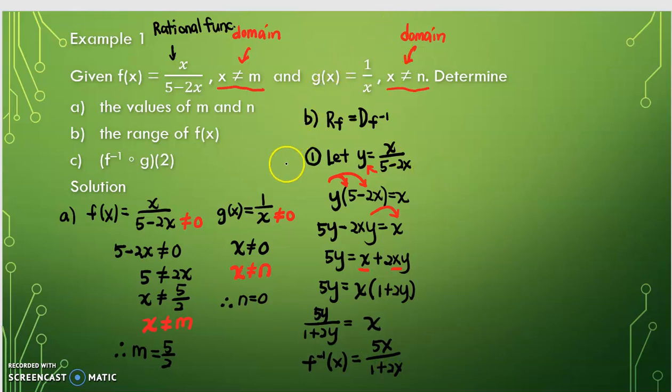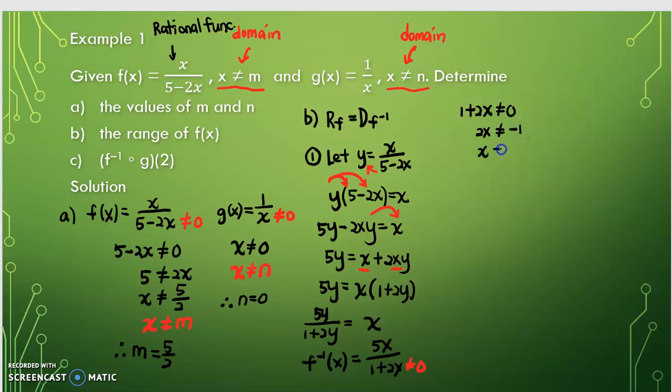So you have to remember for the domain of f inverse, we will let the denominator not equal 0. So next, 1 plus 2x is not equal to 0. 2x is not equal to negative 1.